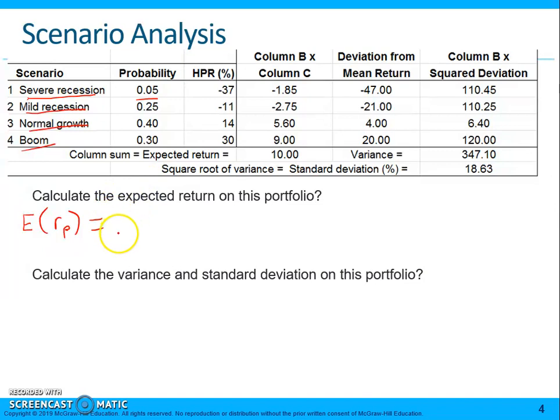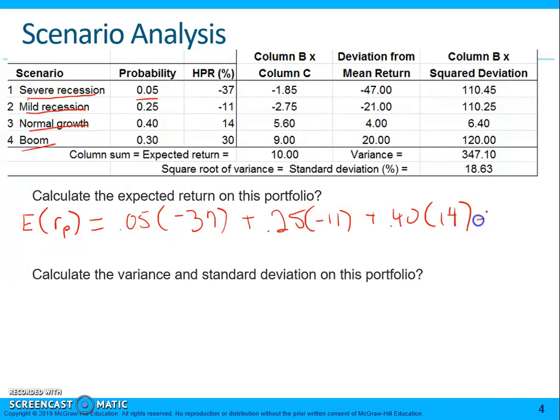So simply all we have to do here is 0.05 times negative 37. That's our first, that's the severe recession probability multiplied by that return, plus the probability of a mild recession, 0.25, multiplied by that return, plus 0.4, the probability of normal growth, multiplied by 14%, plus 0.3, the probability of a boom, multiplied by 30%.